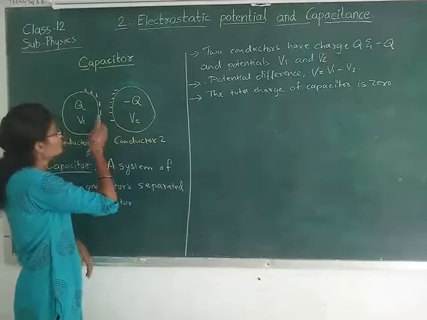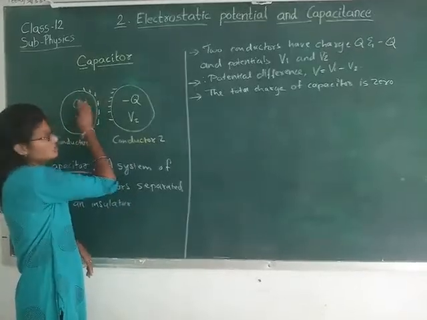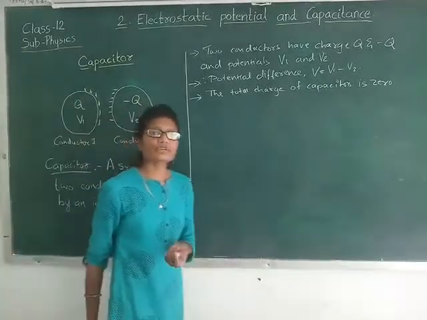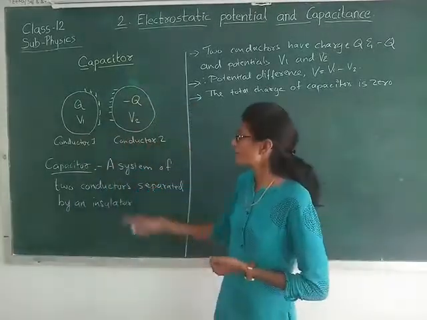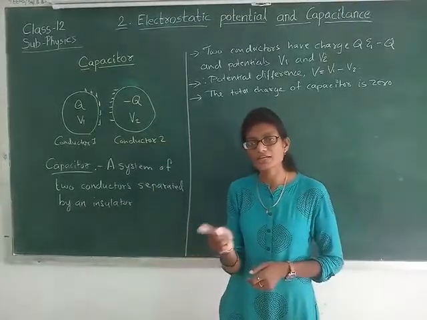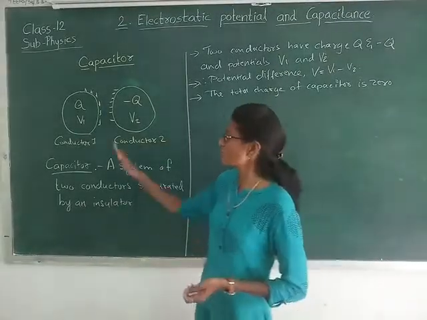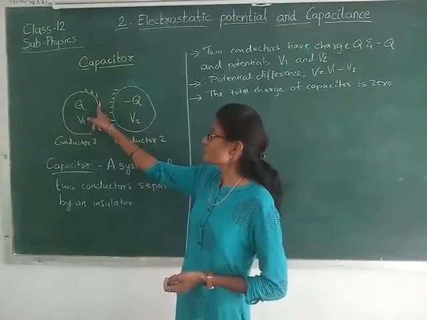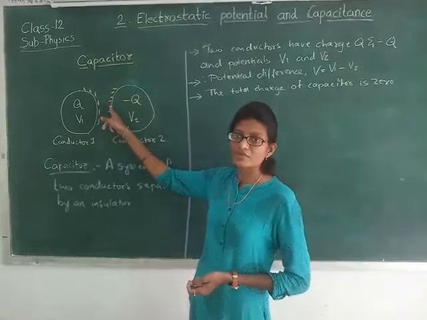But you can see over here there is a gap. On this conductor we are having positive charge, on this conductor we are having negative charge. So how will the electric field lines be generated? We know that electric field lines always start from the positive charge and terminate at the negative charge. So here also the electric field will start from the positive charge and terminate at the negative charge.